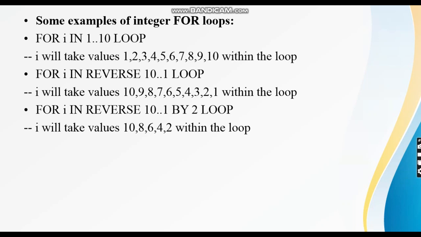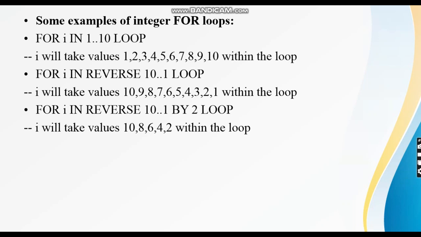Within the loop, for i in reverse, if the reverse keyword is used, then 10 is the lower bound and 1 is the upper bound. Then i will take values like 10, 9, 8, 7, 6, 5, 4, 3, 2, 1 within the loop. And for i in reverse 10 to 1 by 2, the by clause is specified as 2.